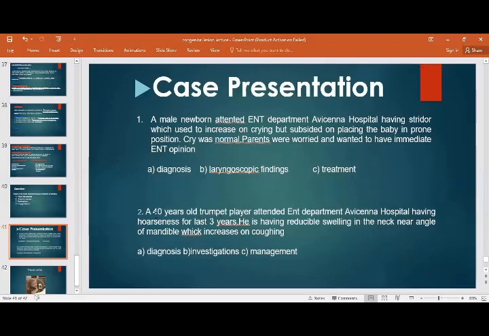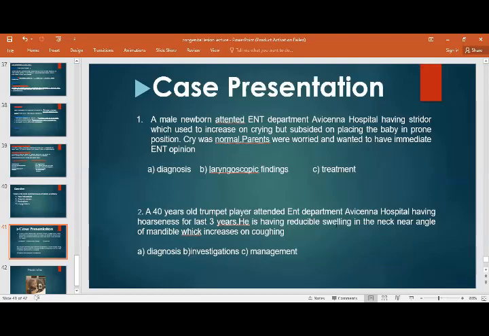The other scenario is a 40-year-old trumpet player who attended the ENT department at Avicenna Medical Hospital, having hoarseness for the last 3 years. He has a reducible swelling in the neck, near the angle of the mandible, which increases on coughing. So again, what is the diagnosis? The diagnosis is basically laryngocele, and all the investigations.